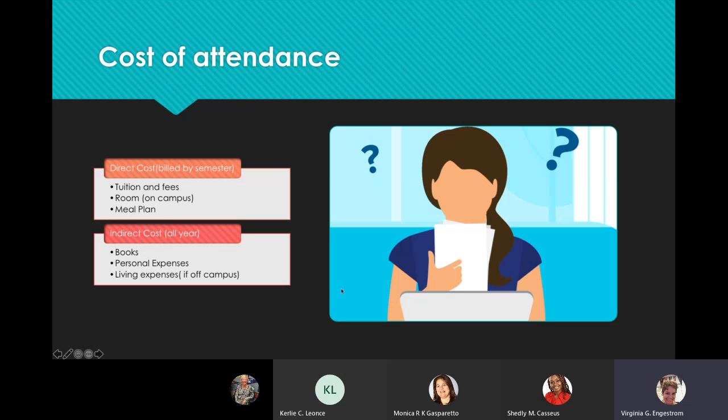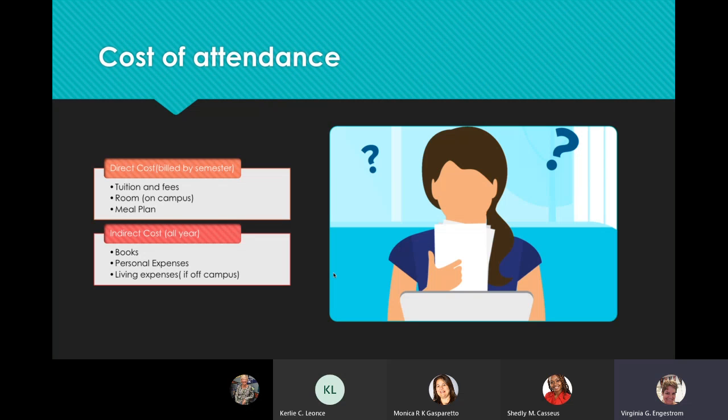All right, so the cost of attendance in those schools that we can see in the next slide does not discriminate what is the direct cost and what is the indirect cost. The direct cost is the one that the university is going to bill you every semester. It will be the tuition and fees, room if you live on campus, and the meal plan if you bought a meal plan through the university.